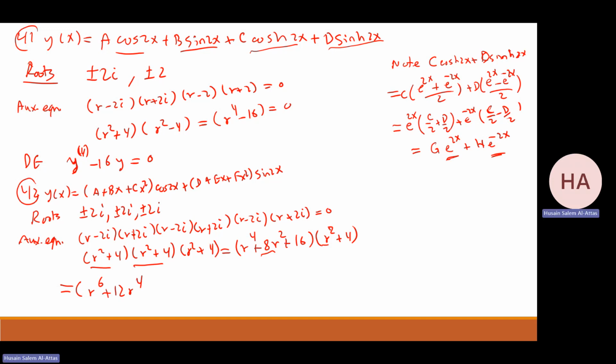What will give me r squared? 8 times 4 plus 16. 32 plus 16, plus 48 r squared. 16 times 4, that will be 64. Is equal to 0. So it will be my differential equation. The 6th derivative plus 12 times the 4th derivative plus 48 y double prime plus 64 y equals 0.